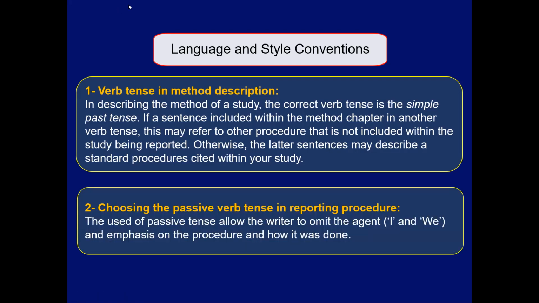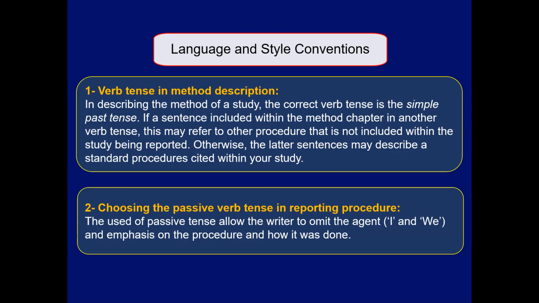Choosing the passive voice in reporting the procedure. The use of the passive allows the writer to omit the agent, I and we. Unfortunately, I have seen in theses and even published papers that authors try to describe the agent, meaning the authors themselves.